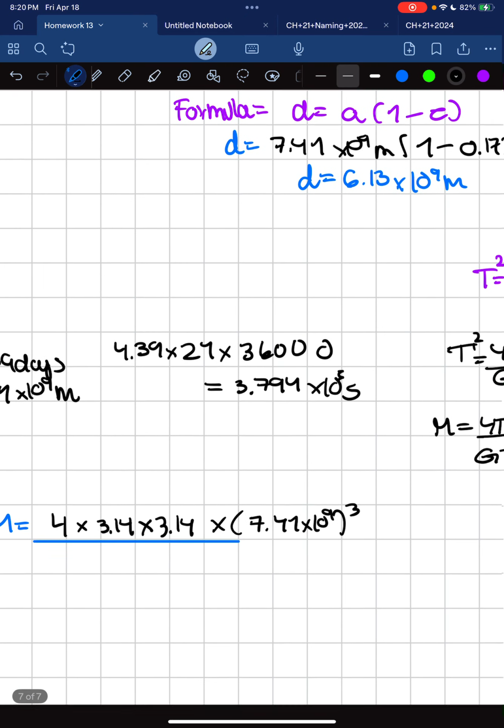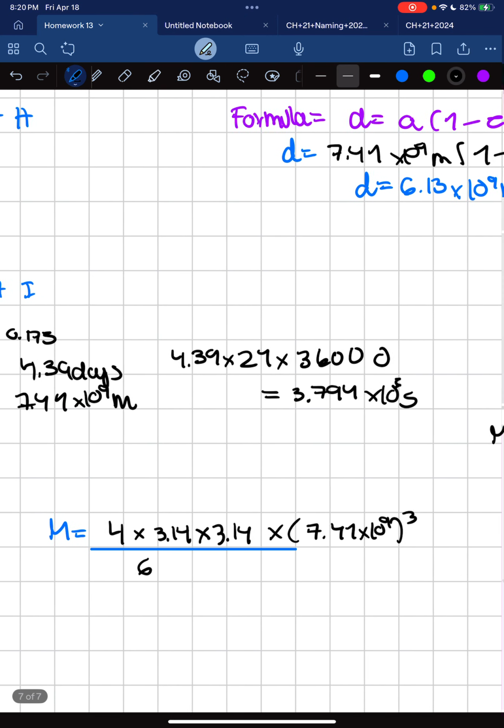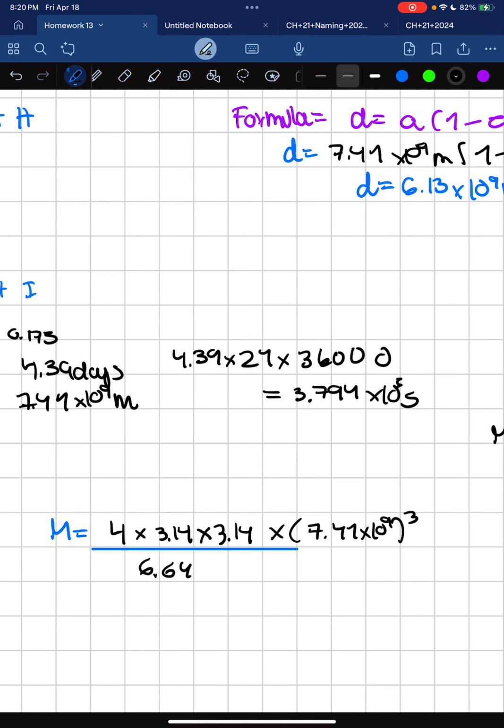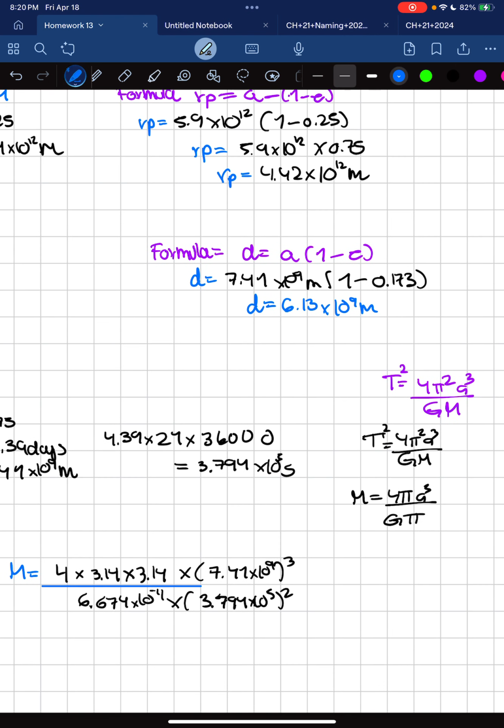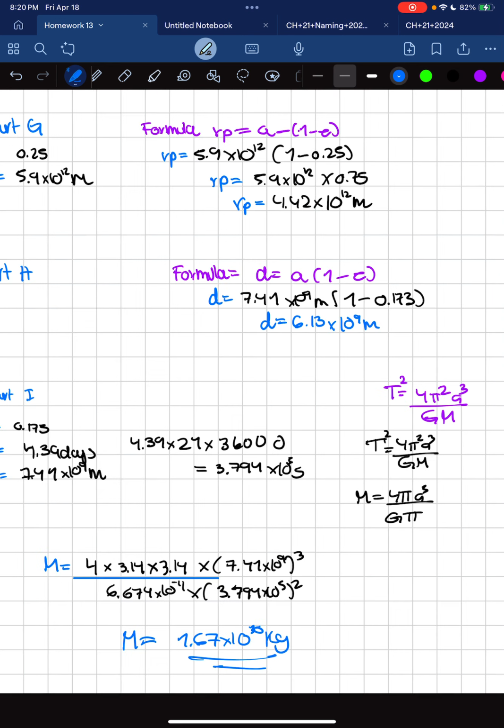To the third, and at the bottom we're going to have the gravitational constant times the period, and we have it in seconds already, so we can go ahead and square it. When we go ahead and put all of that in our calculator, we're going to get 1.67 times 10 to the 30, and this is going to be in kilograms. And that's it.